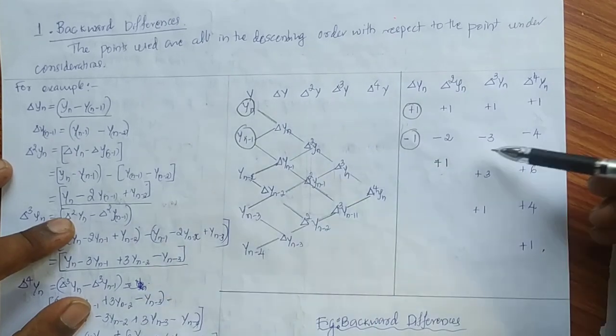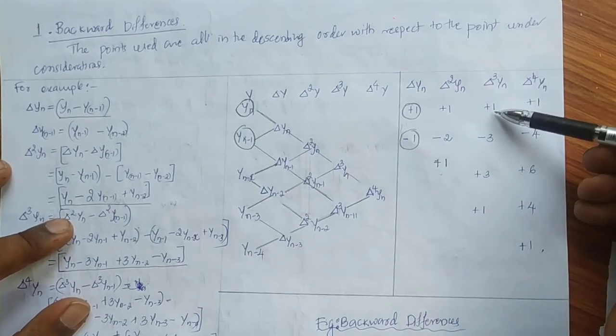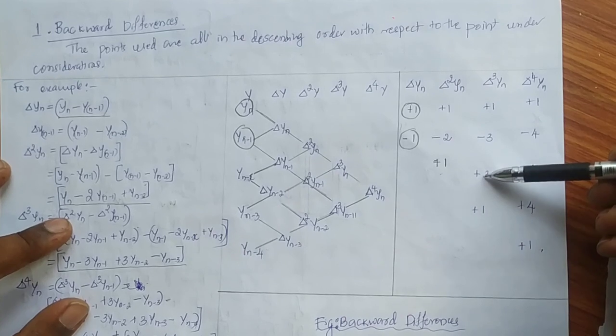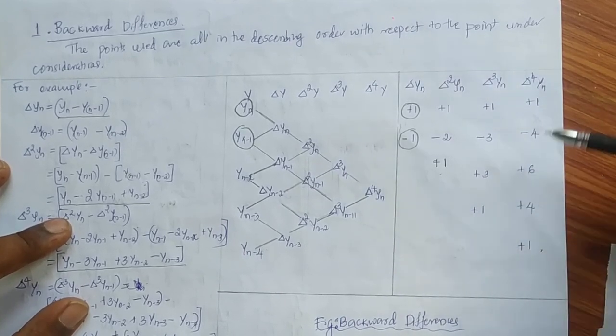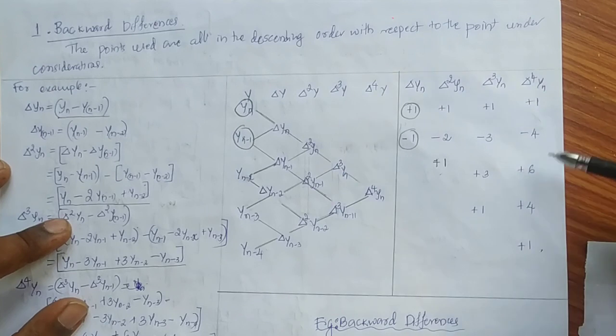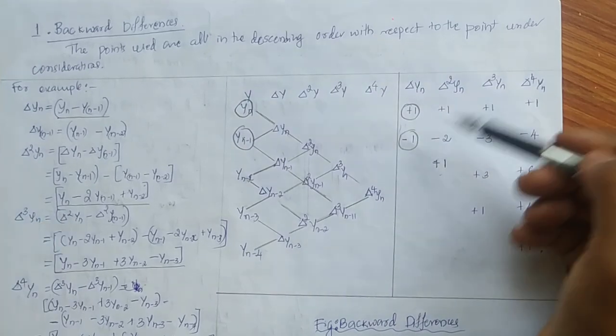Next, for the fourth order, plus 1, minus 4, the next value you need to write is plus 6, then minus 4, and the last one will be plus 1 only. So this is how you should remember this scheme.